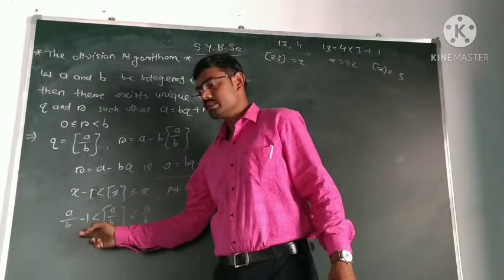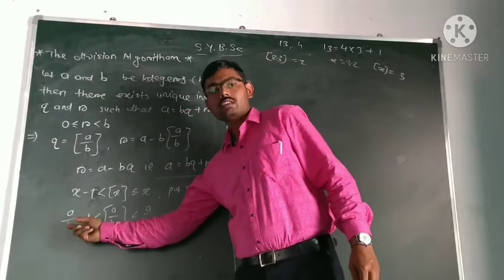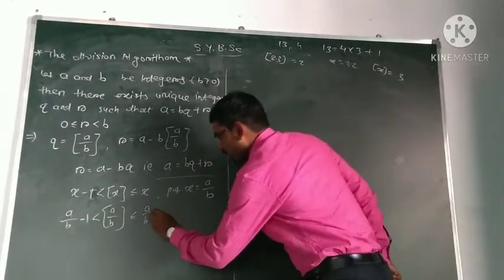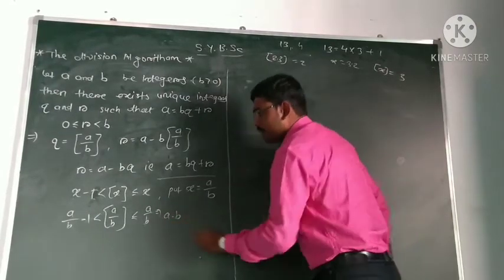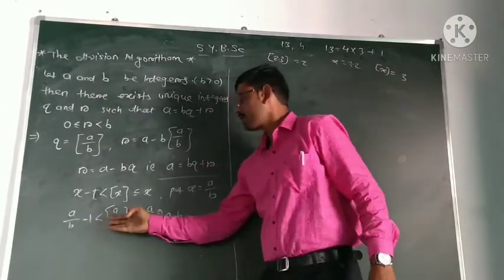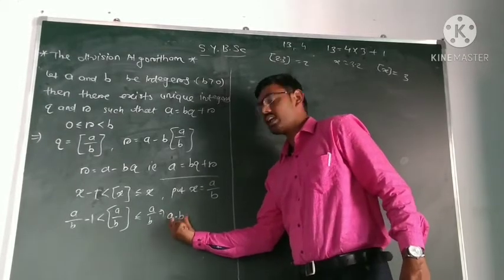Now solve this. This means (a minus b) upon b. Transfer b, which is in the denominator, to the other sides. So a minus b, and multiply all the sides by b.